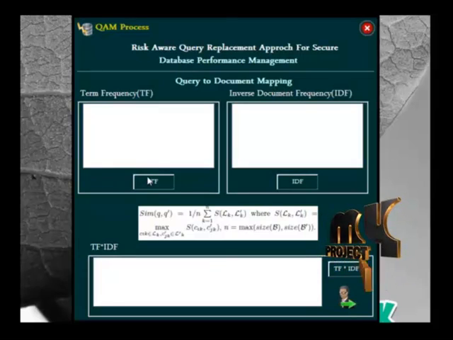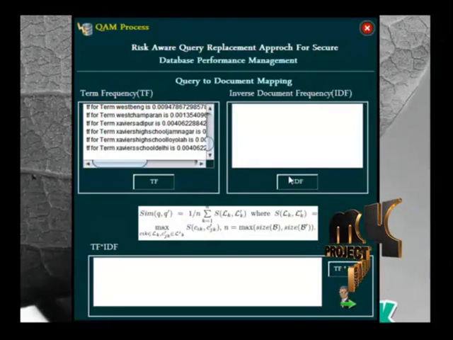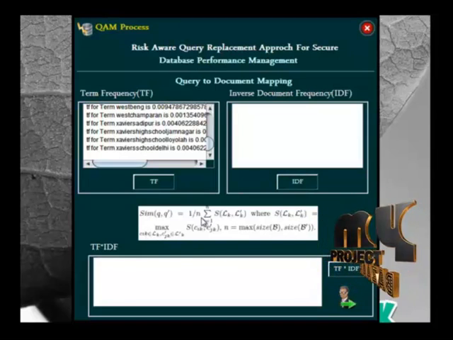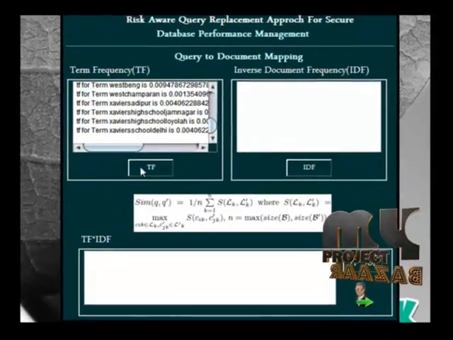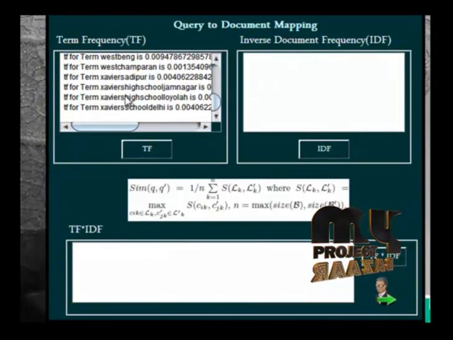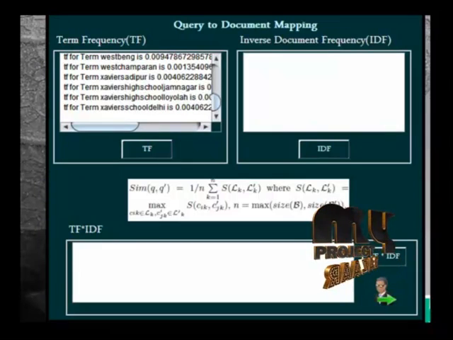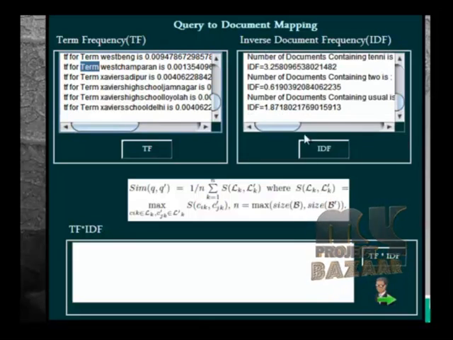Find the term frequency and find the inverse document frequency. Using this formula, we find the TF-IDF. Overall, this process maps the query to documents. Find the answers.